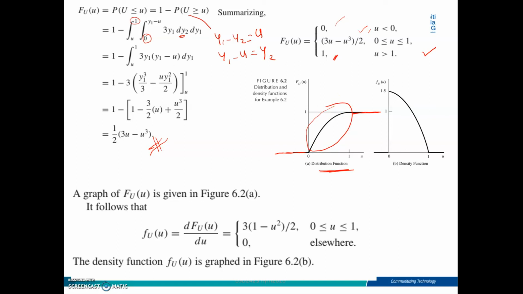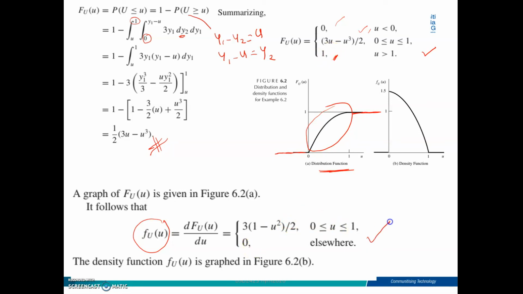Now the density function. In order to get the density function, small f, we differentiate the distribution function. When you differentiate 0, you get 0. When you differentiate this one, you will get 3 times 1 minus u squared over 2, and the limits are similar. If you differentiate 1, you get 0.